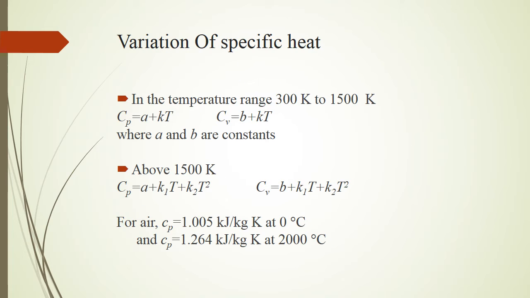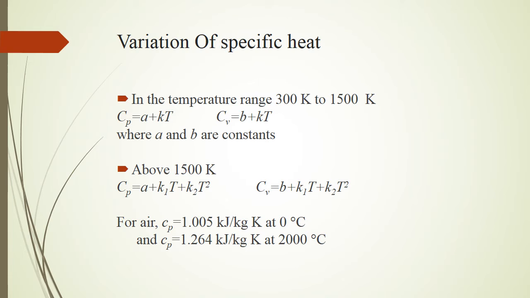In all the gases except monoatomic gases, one can find an increase in specific heat with temperature. The increase in specific heat does not follow any particular law. However, over the temperature range generally encountered for gases in heat engines, that is from 300 Kelvin to 1500 Kelvin or so, the specific heat curve is nearly a straight line, and that can be approximated by the equation given on the slide.